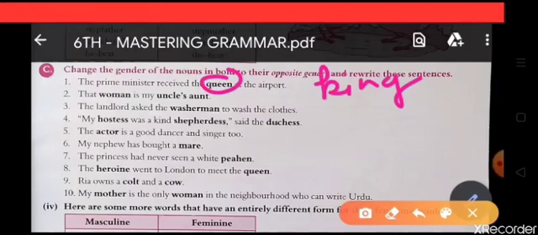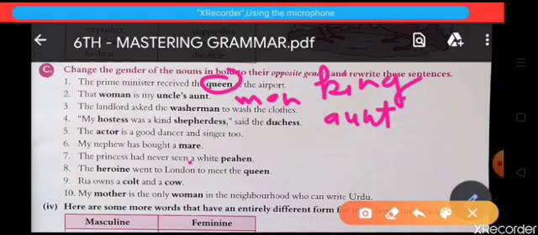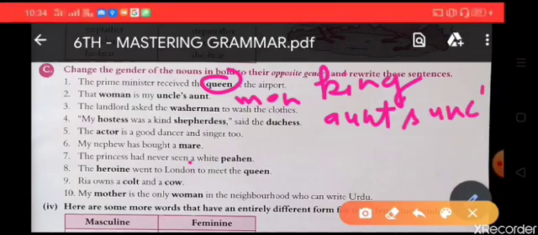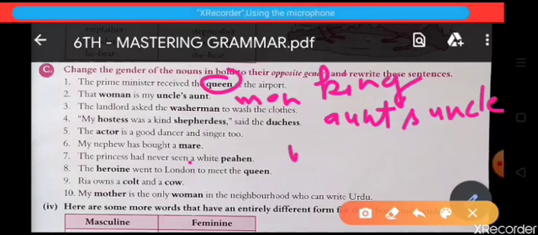That woman is my uncle's aunt. So here we can write, that man is my aunt's uncle. Next, the landlord asked the washerman to wash the clothes. So washerman becomes washerwoman.